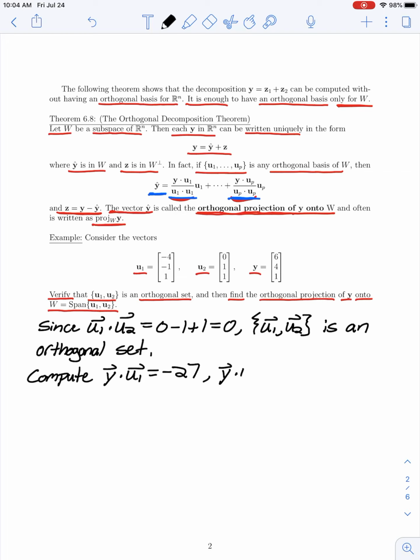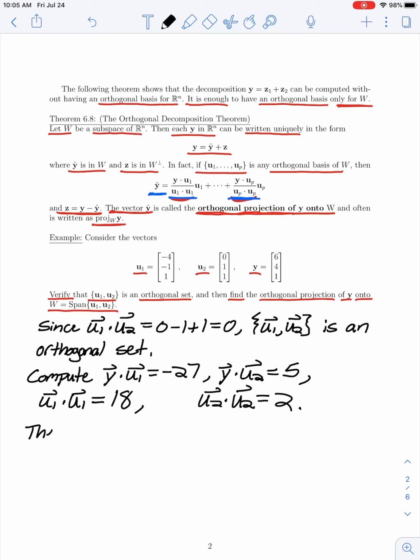Taking the dot product of y with u2, we have 0 plus 4 plus 1, which gives us 5. And then taking the dot product of u1 with itself, we have 16 plus 1 plus 1, so 18. And the dot product of u2 with itself is 0 plus 1 plus 1, so 2.